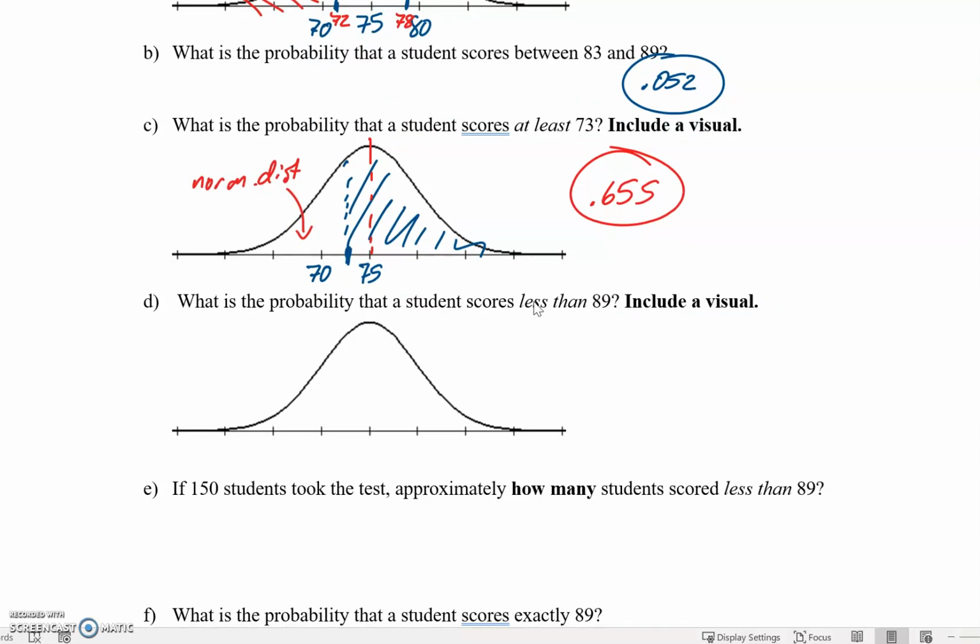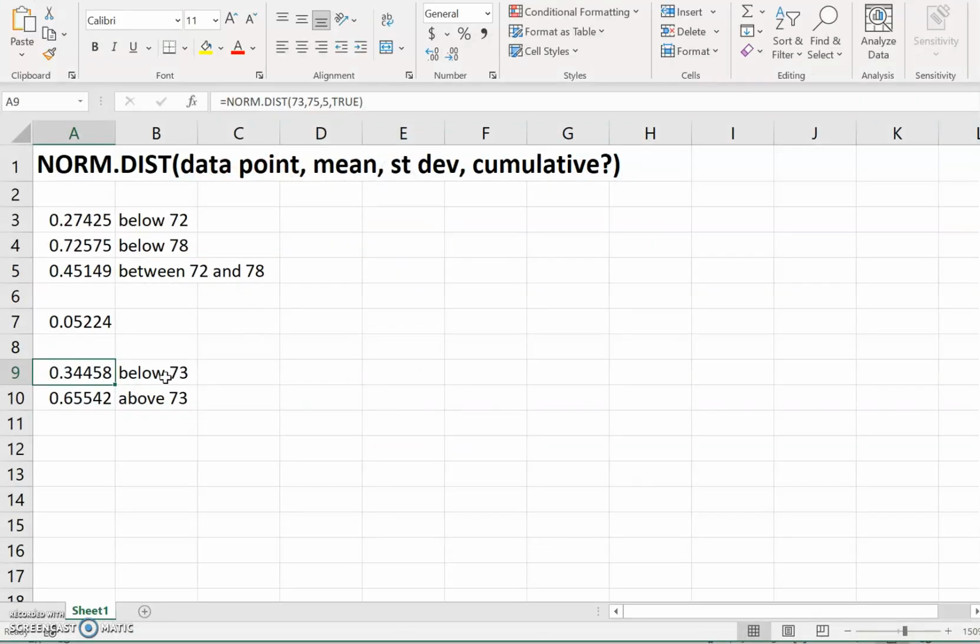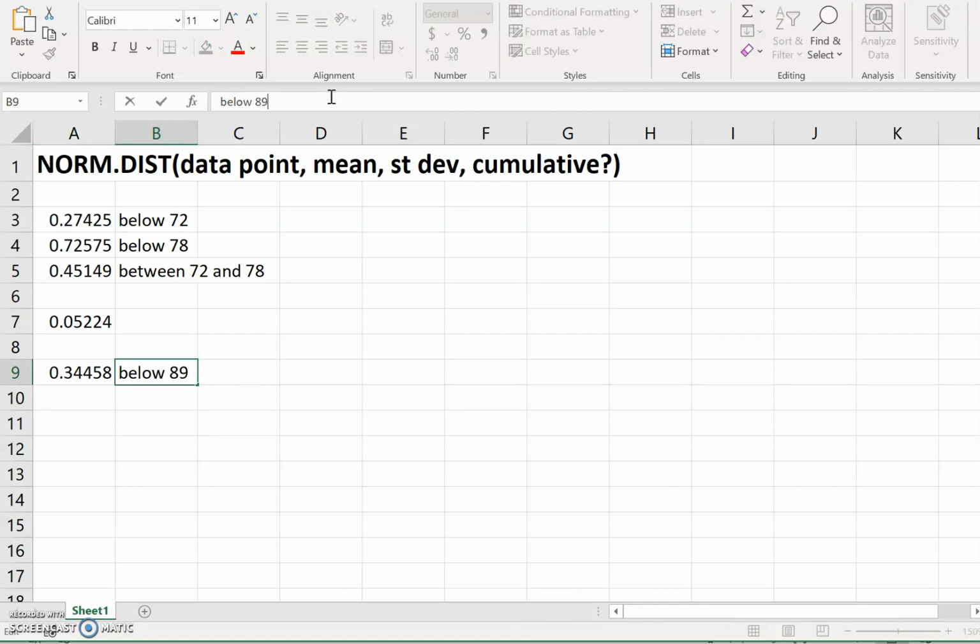Okay, what's the probability of student scores less than 89? Well, this one's actually not too bad because we just say to ourselves, all right, 75, 80, 85, 90. So 89 is going to be over here somewhere. So less than that is going to be most of the data. So we should get an answer that's pretty big, pretty close to 1. And in fact, since it's shading below, I want something below 89.